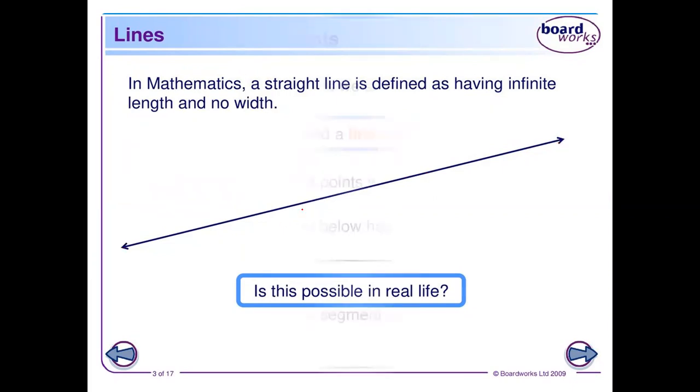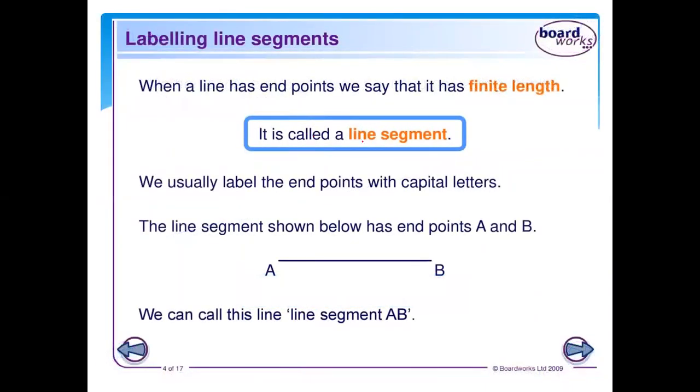It never ends. Whereas when I say segment or line segment, it has end points. So we usually label the end points with capital letters. As shown here, we have two endpoints, A and B. We labeled them with capital letters A, B. This one we call a line segment.